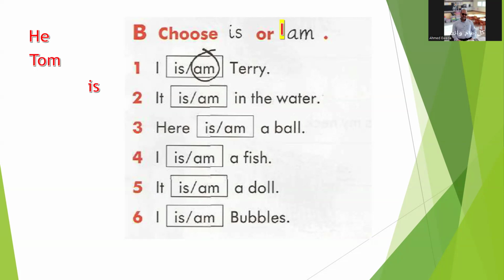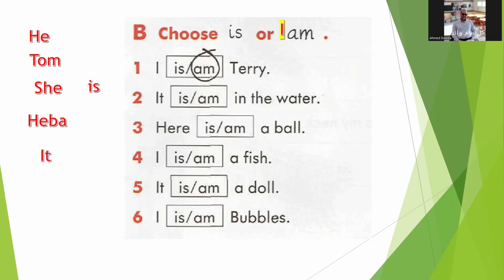Tom is. Ali is. It could be the pronoun she, so the pronoun she goes with is. You can't say she am, you say she is. The girl, it could be one girl, Heba is, Alia is, Samira is, mother is.